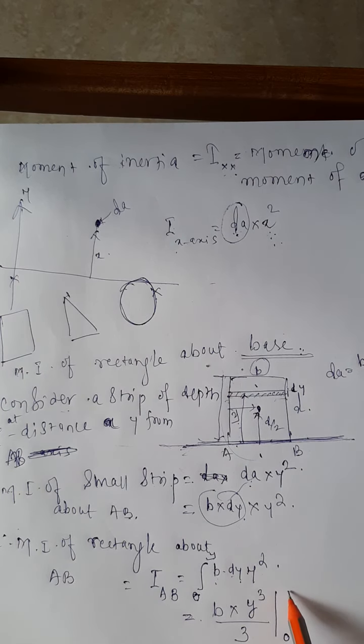This is one of the important formulas. We are going for one more formula about the x-axis or y-axis. Those you need to remember, right? So next we are going for the moment of inertia of the rectangle about the centroidal x line and the y line.